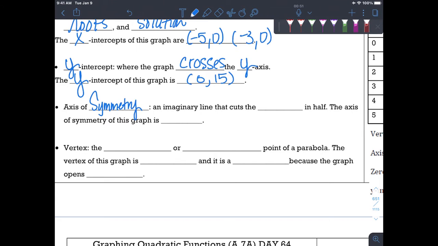The axis of symmetry: an imaginary line that cuts the parabola in half. The axis of symmetry of this graph is at x equals -4, as we established earlier. The vertex, and I sometimes refer to them as bottoms and tops, can either be a minimum or a maximum.